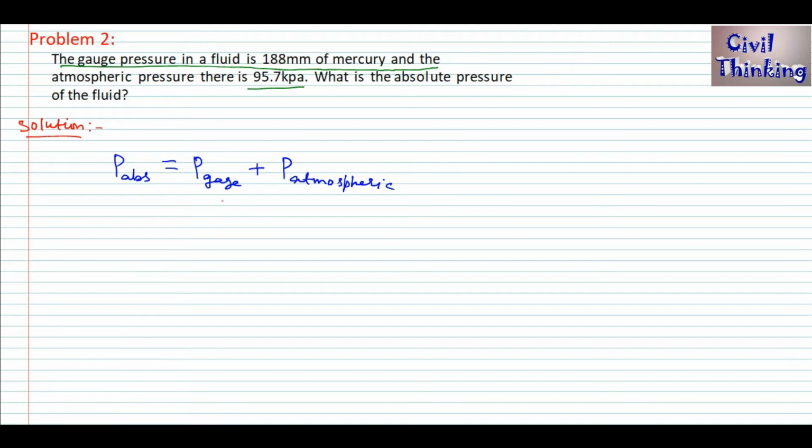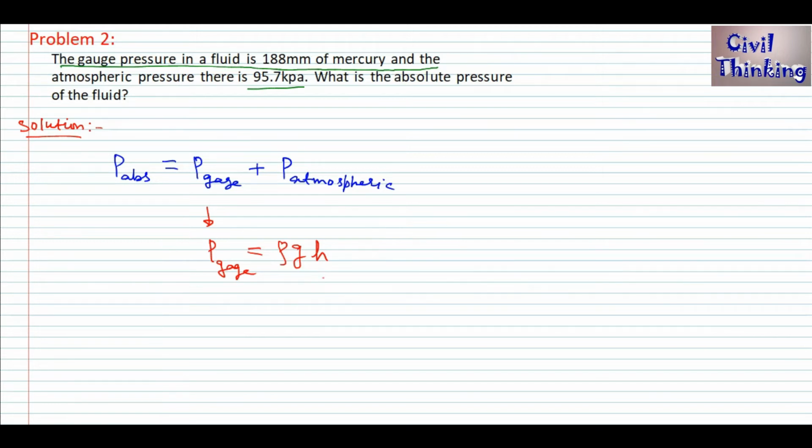This is in terms of the head, because millimeters of mercury is a length, so the pressure is given in terms of head. We know P gauge is rho g h, where h is the head, and here it is 188 mm of mercury.